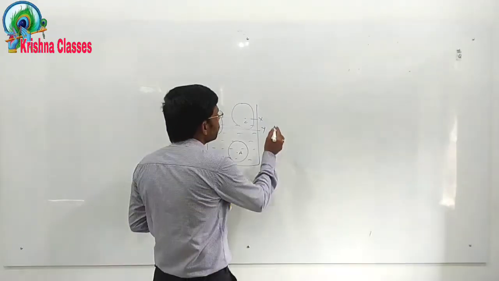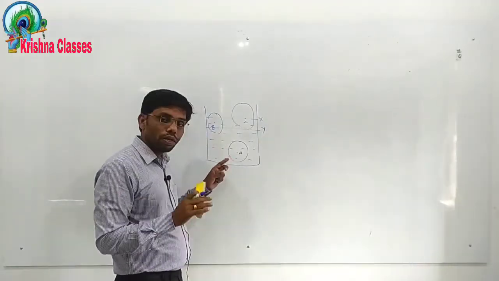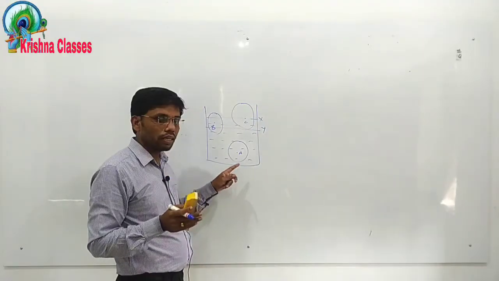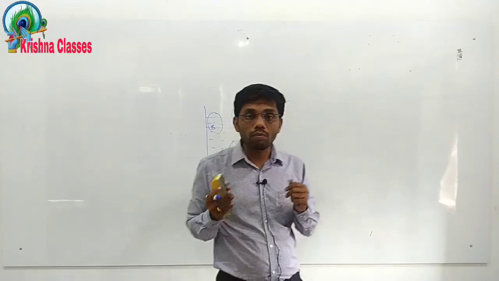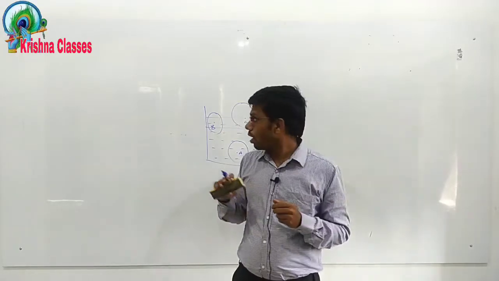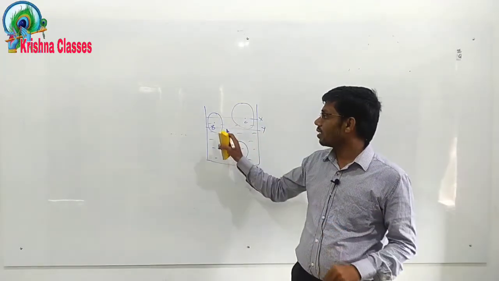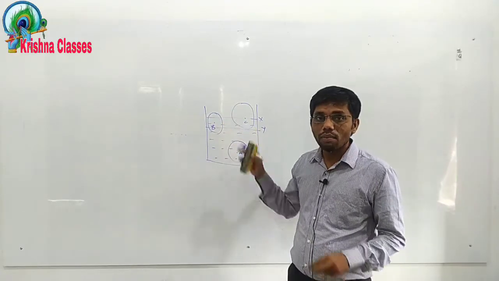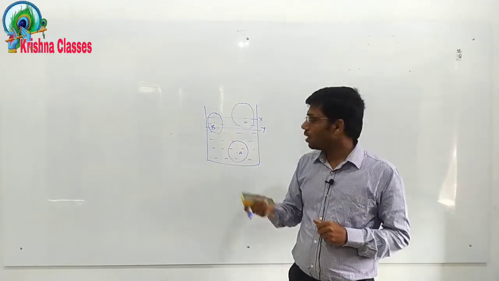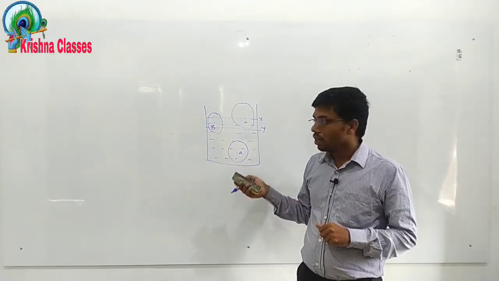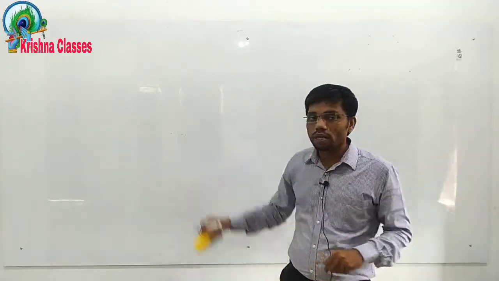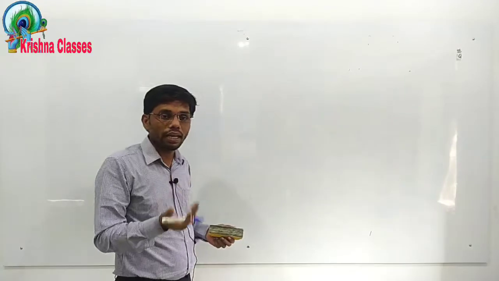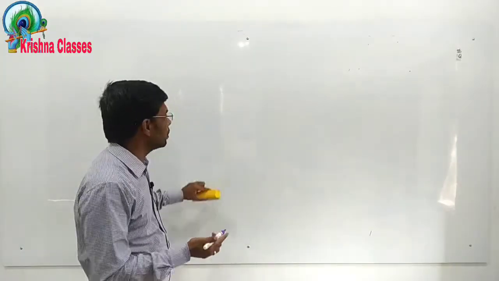So surface energy means, when we want to bring molecule A into the surface film, we have to do some work. From this it is clear that molecules B and C possess more potential energy than molecule A. That extra energy is the surface energy.